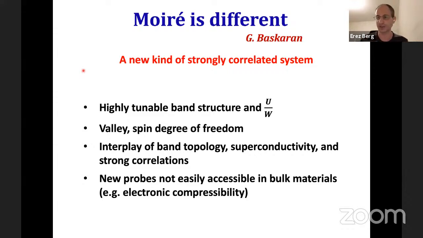Starting with, you can change the density continuously, and you can also measure quantities that are not easy to measure in bulk materials. One of them is the electronic compressibility, for instance. And if I have time, maybe I'll touch upon very interesting measurements of the compressibility done here at the Weizmann Institute. And we'll see if I actually get to that.